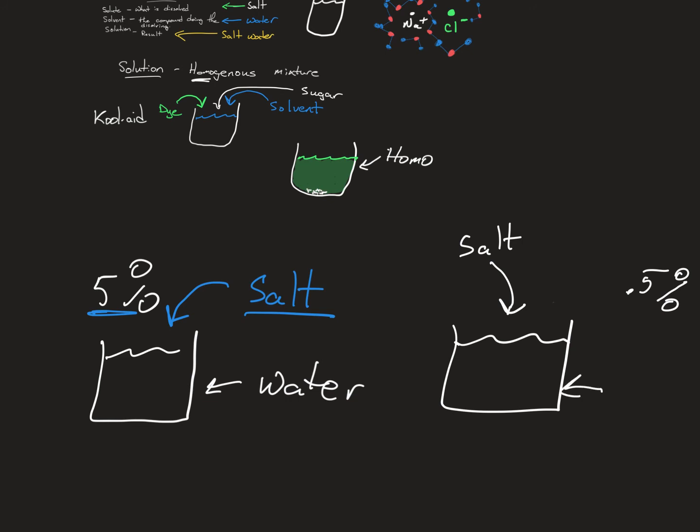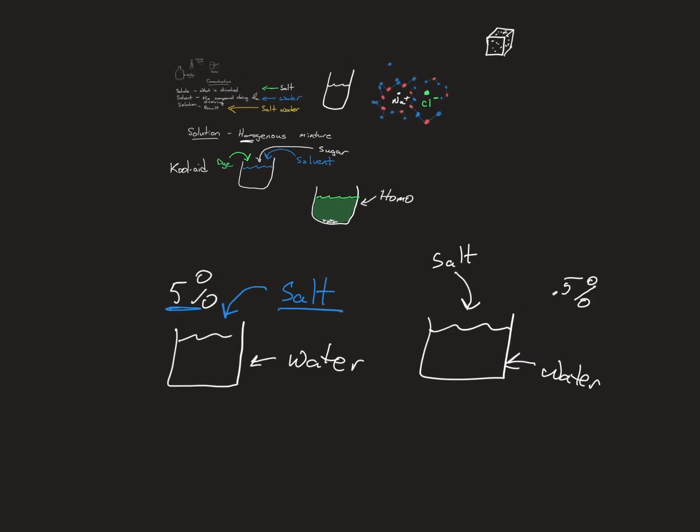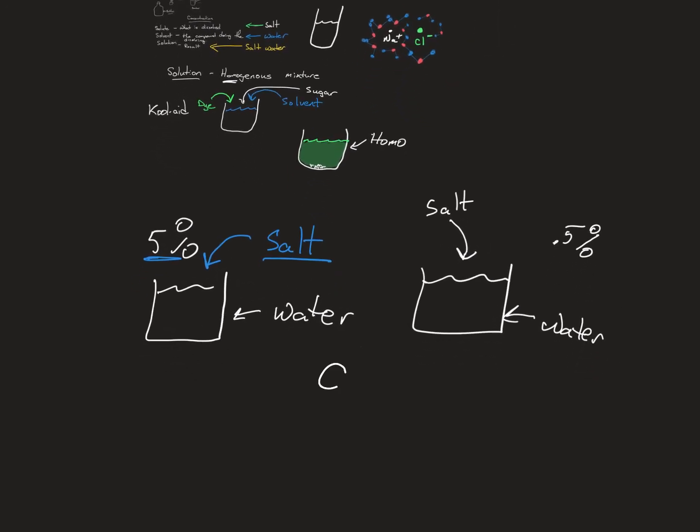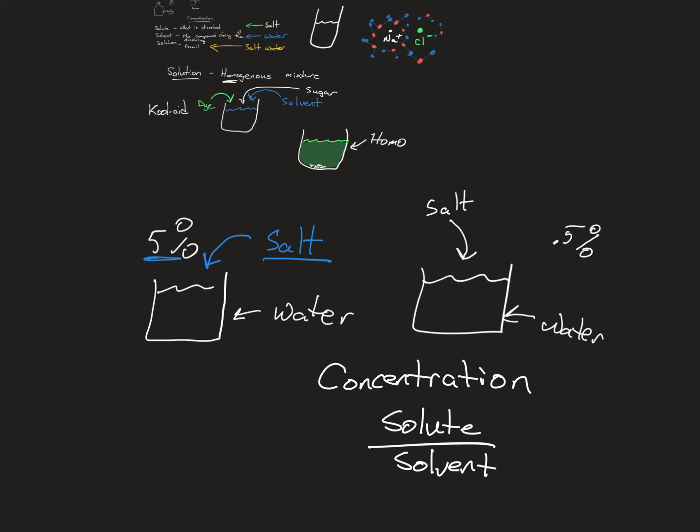So the more solute you have in the water being the solvent, because what is concentration? Concentration is solute divided by solvent. And if that amount of solute divided by solvent is 5 parts out of 100, then you got your 5%, correct?